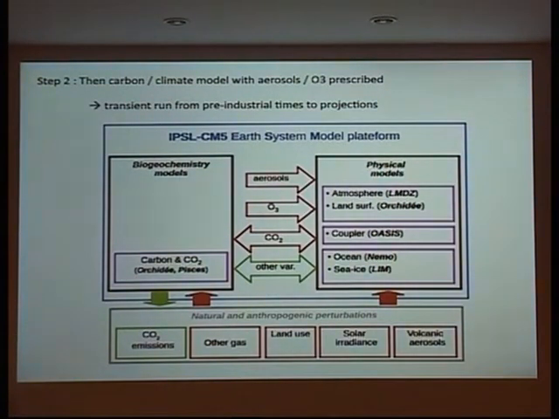That costs much less. We can do the whole transient experiment from 1850 to 2100. So when you see those big models, be aware that usually we don't run the big models. We run components of the models, we force offline some other components of the models. That's how we go. I think it's quite cool.